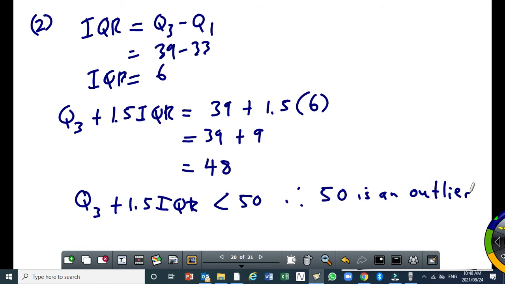Which means when you are doing data analysis, you may have to discard that 50 because it exaggerates the results. Okay? Now we're talking about advanced statistical analysis. You can exaggerate the result. Alright?